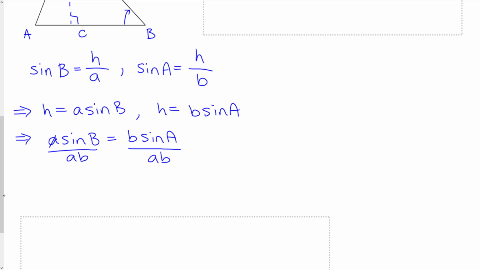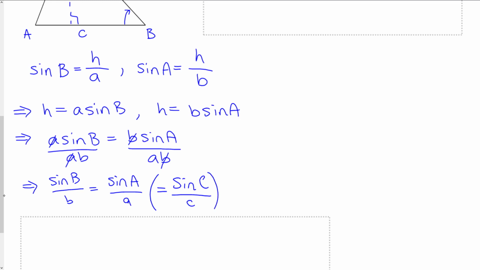So what will happen is a will disappear on this side, b will cancel out on that side, and I end up with sine of B divided by b is equal to the sine of A divided by a, and it doesn't really matter which angle measure and which corresponding side you're working with. So I can also deduce, and I'm not going to go through the proof, but it does work out this way, that this is all equal to the sine of C divided by c.